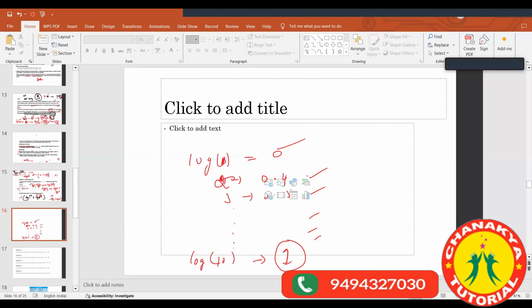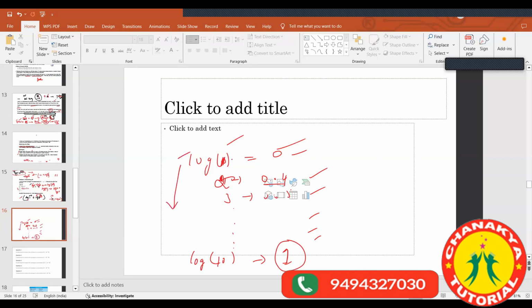Can you see that the log value is increasing? Log 1 is 0, whereas log 2 is 0.4, somewhat more than 0. Log 3 is 0.5. Don't ask me how, that is just the log values of the numbers. That is a log table, or with the help of a calculator you can find out. The log values keep on increasing.